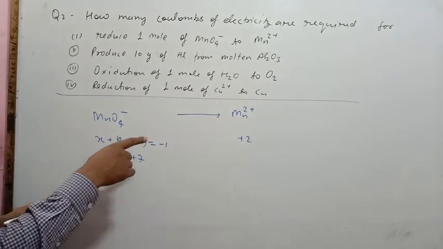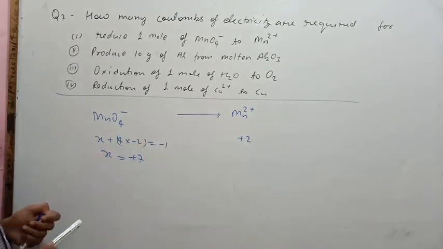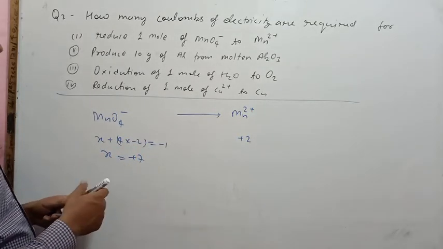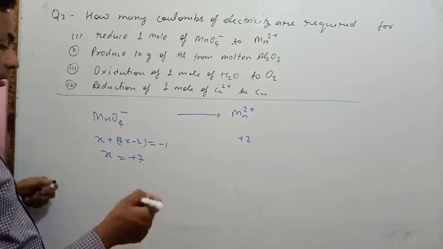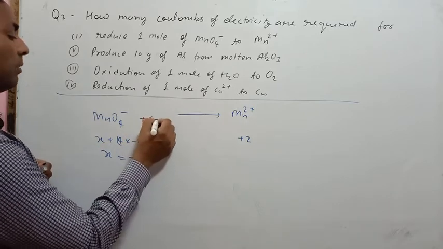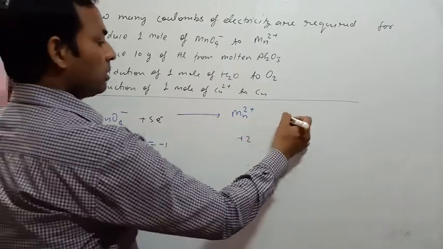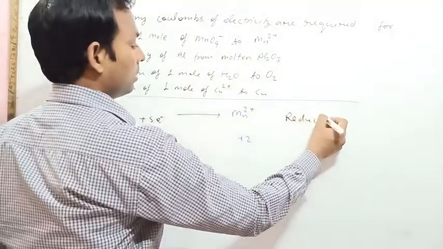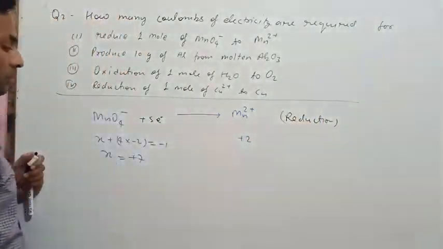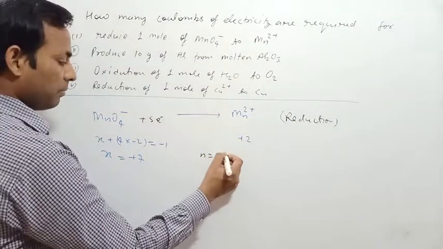So from 7 to 2, it means electrons have been taken. How many electrons have been taken? 5 electrons. So this process is called reduction. So the number of electrons is 5.